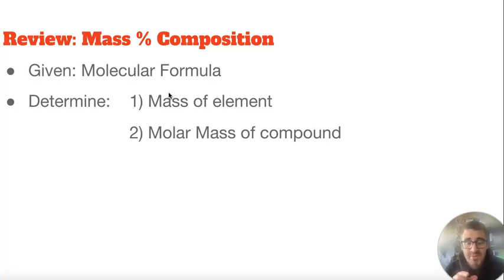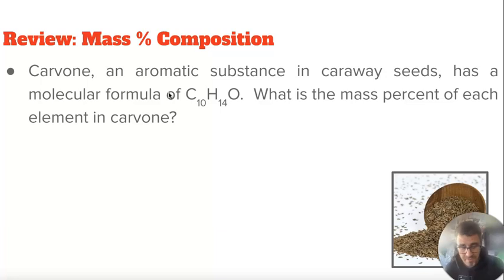To determine the mass percent composition, in addition to knowing the molecular formula, we have to know the mass of each element, whether directly or indirectly. Okay? And because we know the molecular formula, we can also determine the molar mass of the compound. So let's look at an example.